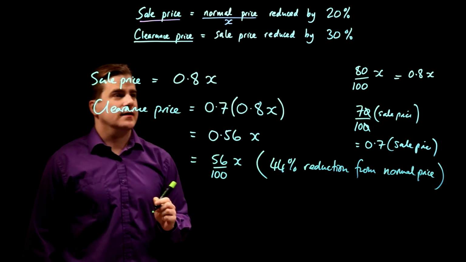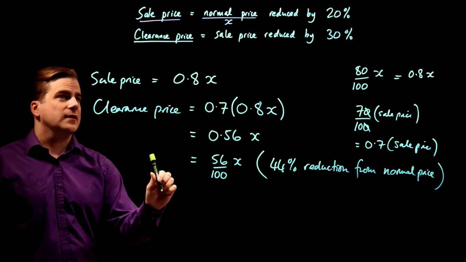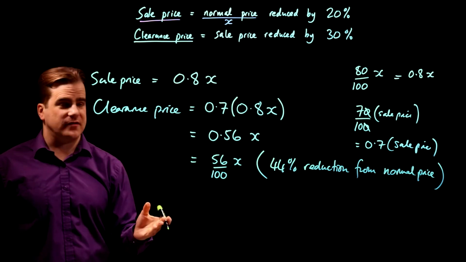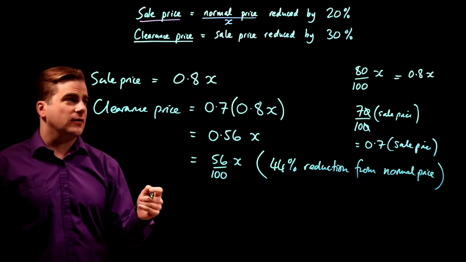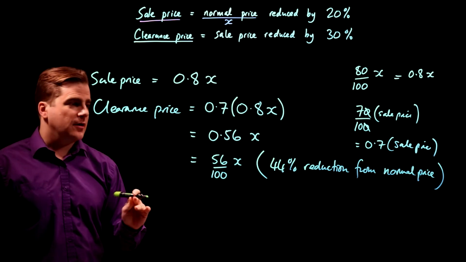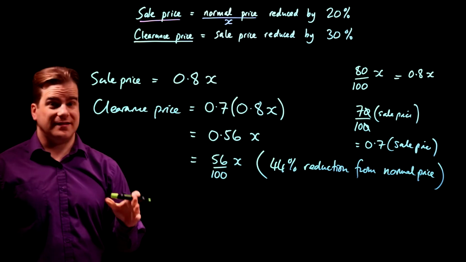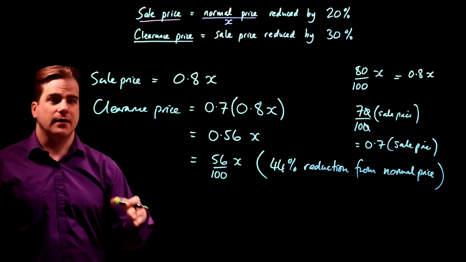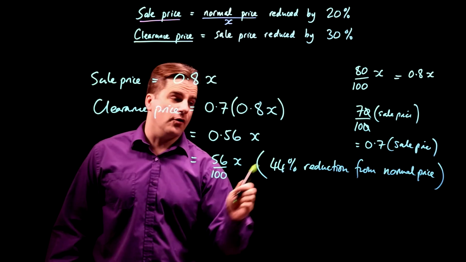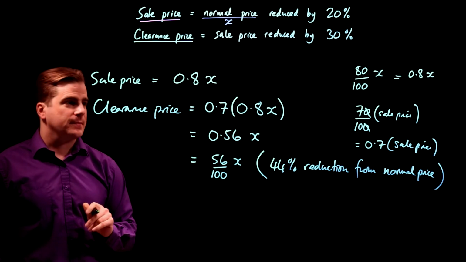And as you can see, it's not 50%. The claim was that the clearance price is 50% of the normal price, which is the same as a 50% reduction. But as you can see, the clearance price is actually 56% of the normal price. In other words, it's a 44% reduction from the normal price, not 50.